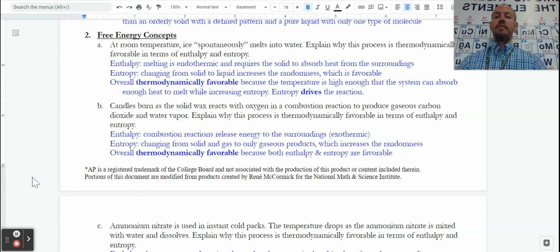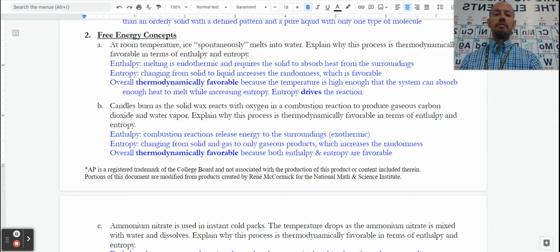Our second example of a candle burning is a good example of something that is favorable from a thermodynamic sense in every way. So we have solid wax, that's a whole bunch of carbons and hydrogens together. We have oxygen gas. We could write this out and balance it to think of it in terms of moles, but really the state of matter is the main thing we're looking at.